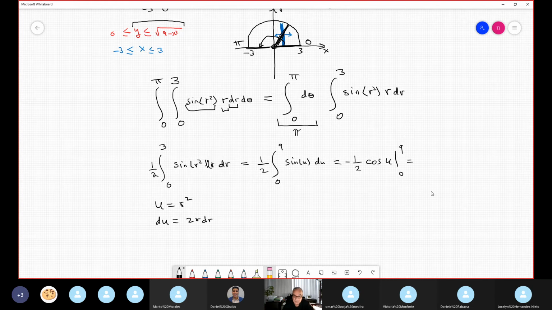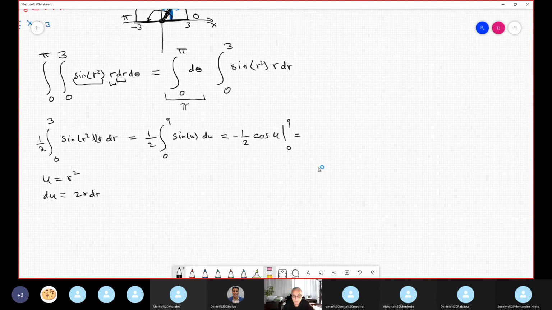So it is negative 1/2 times the bracket of cosine 9. I suppose 9 is in radians, 9 radians, not degrees, and we always calculate in radians, minus cosine 0. So 0 radians, but this is 1.